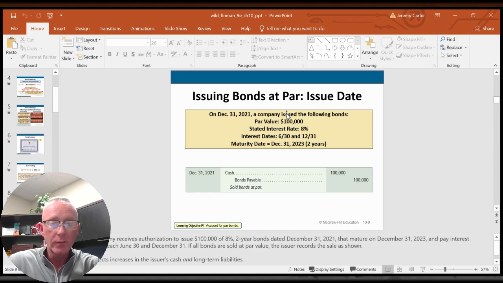We have all this other information here, the stated interest rate, which is the face value interest rate. That's the interest we're going to pay off of the par value. We have the interest payment amounts and dates. We pay them on June 30th and 12/31 of each of those years, and then on 12/31 of December 23, we will pay the bond money back to the bondholder.